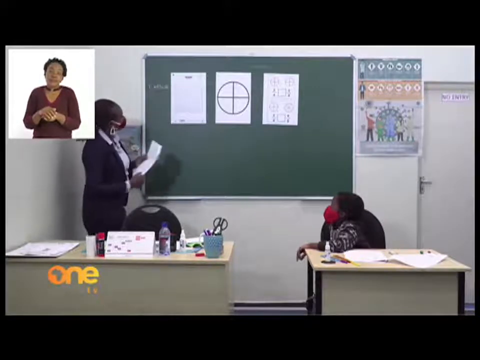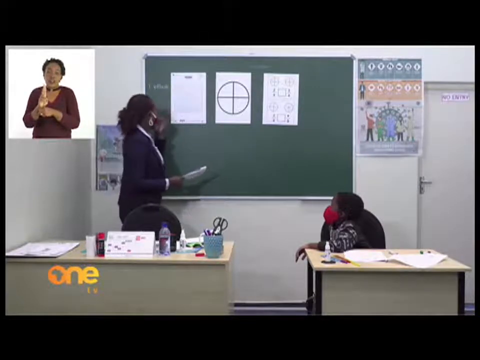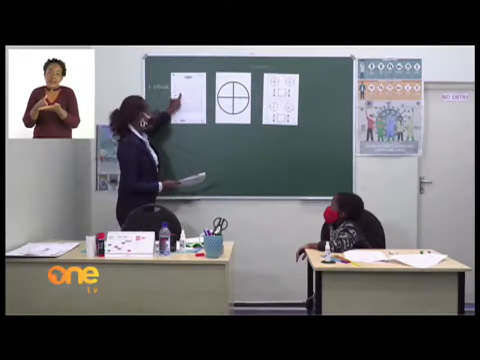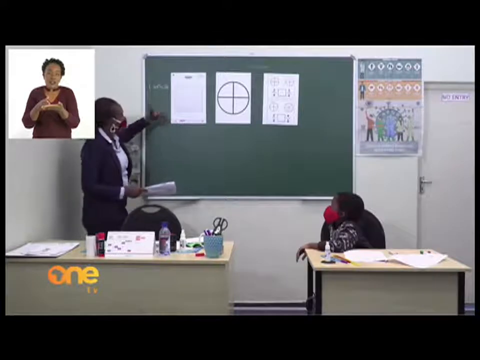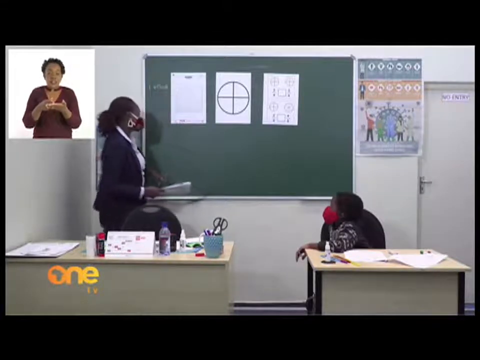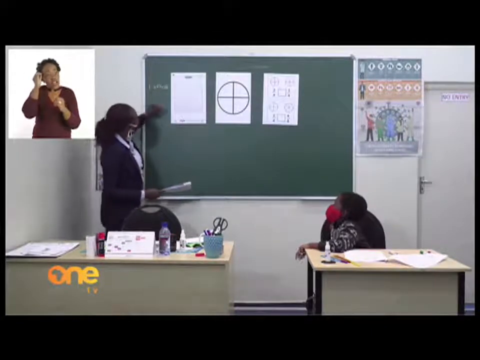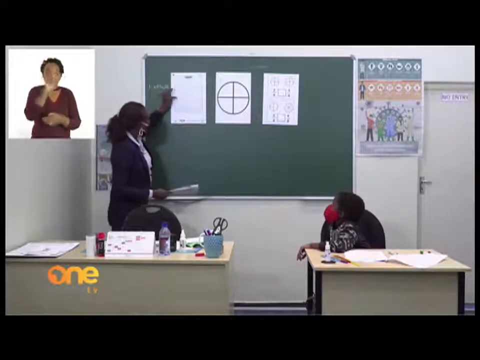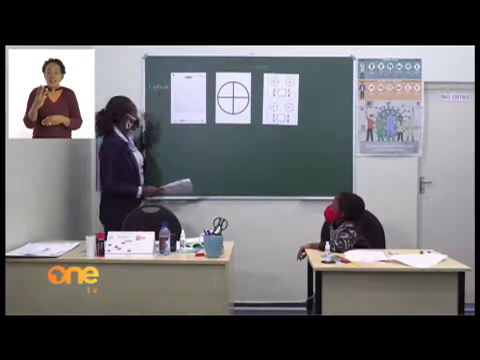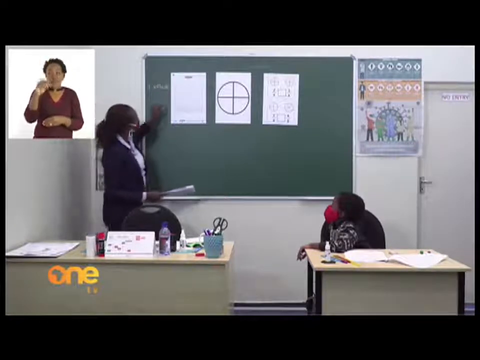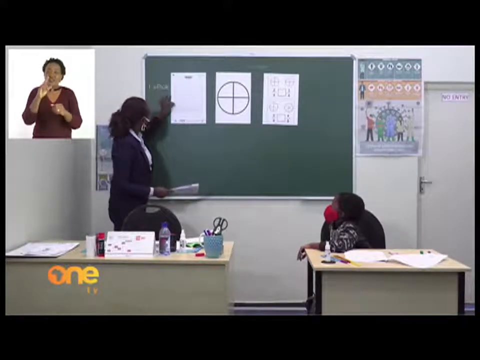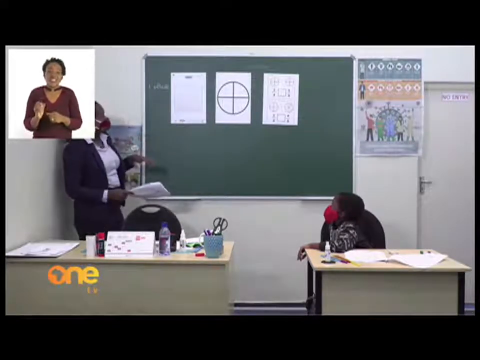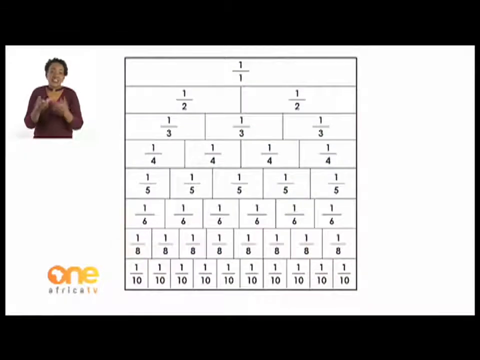The second one is a half. Then we have a third. You must know how to call these fractions well. We also have a quarter. 1 over 5, we call it a fifth. Then we have a sixth, eighth, and 10th. That's all about the fraction chart.